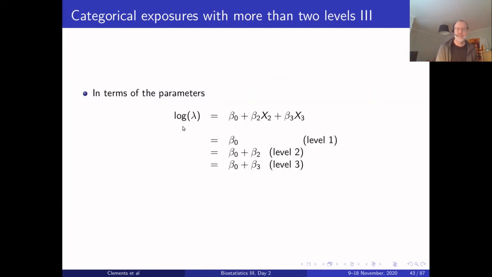In terms of the parameters, the log of the rate is equal to some intercept term plus beta 2 times the x2 indicator plus beta 3 times the x3 indicator. So level 1, x2 and x3 will both be 0, and we just have beta naught. If it's level 2, then x2 will be true as well, and we have the intercept plus beta 2, and if x3 is true, then we have beta 0 plus beta 3.